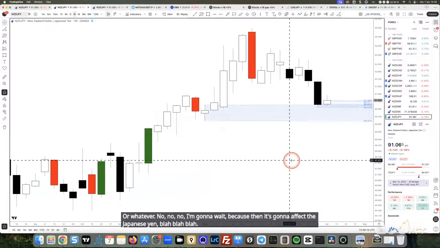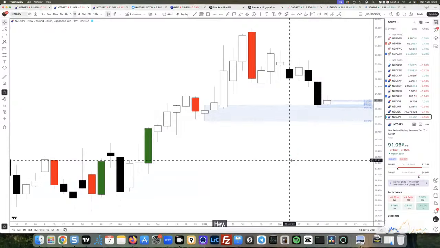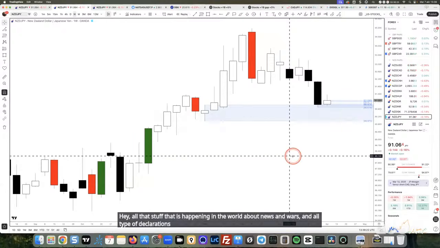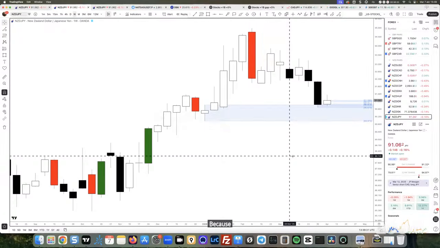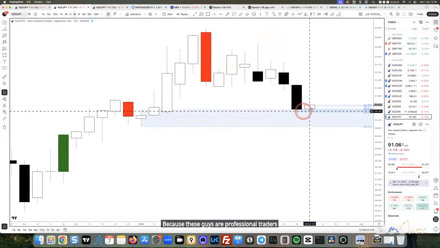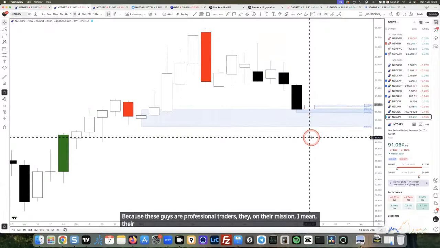That's crap. All that stuff that is happening in the world about news and wars and all types of declarations and speeches and data about unemployment and everything, that's already priced in the markets. Already priced in the markets. Because these guys are professional traders, their goal and their job is to make money.